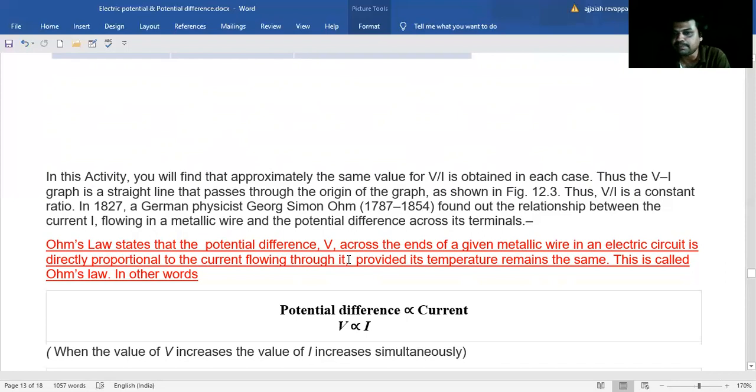So when the temperature increases, this relationship is not true. That is, V is not going to be directly proportional to I. So you will find little bit of variations. So therefore, provided its temperature remains the same.